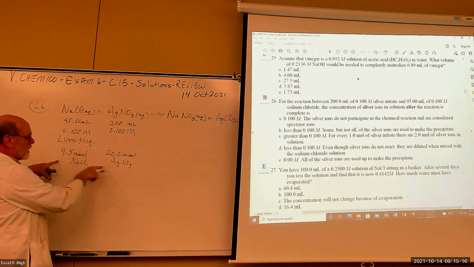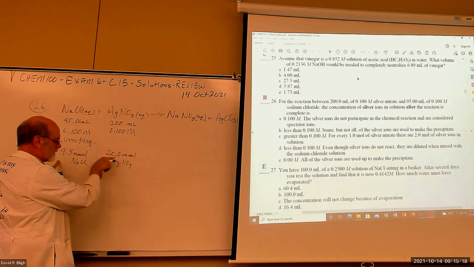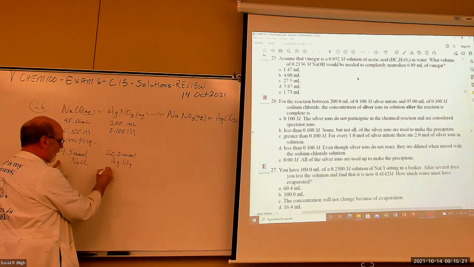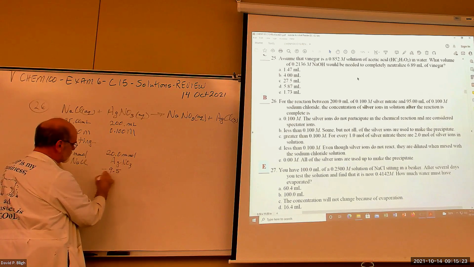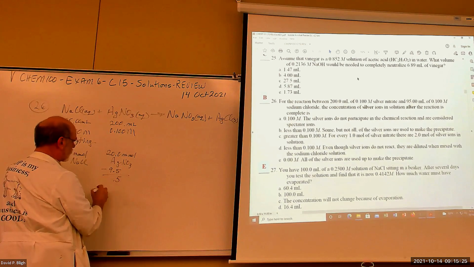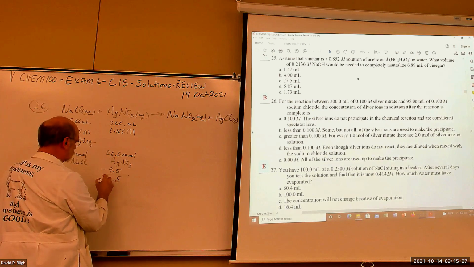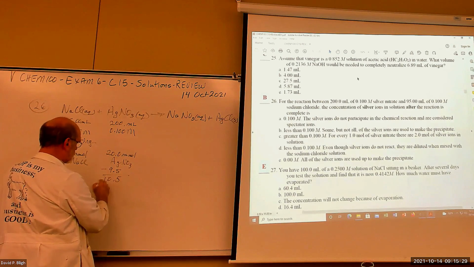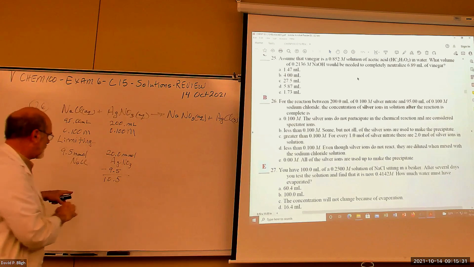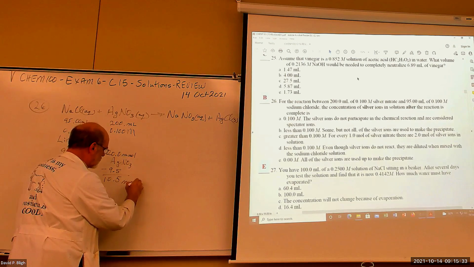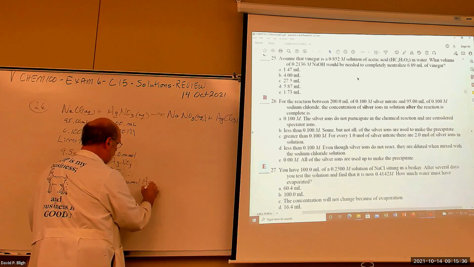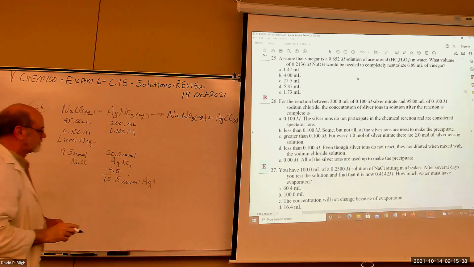All right, so we're going to use up 9.5 millimoles of this silver amount. Let's see, 10.5, yep, millimoles of silver ions are left over.